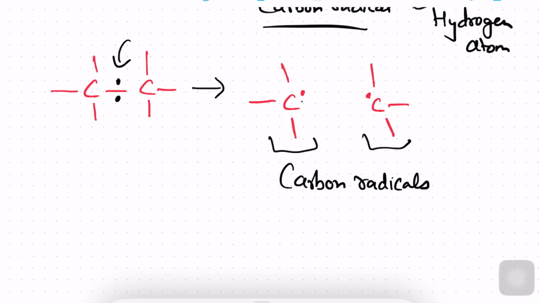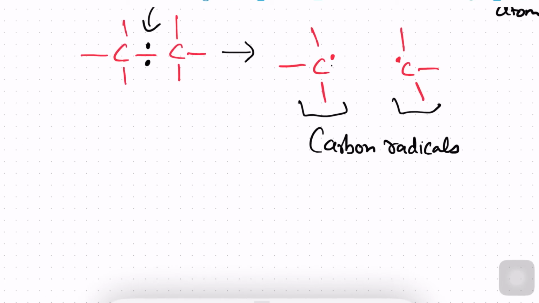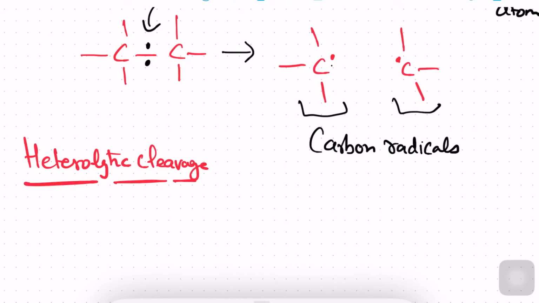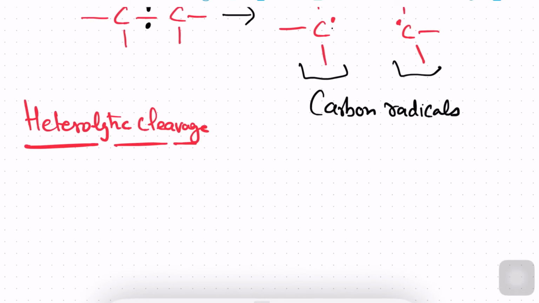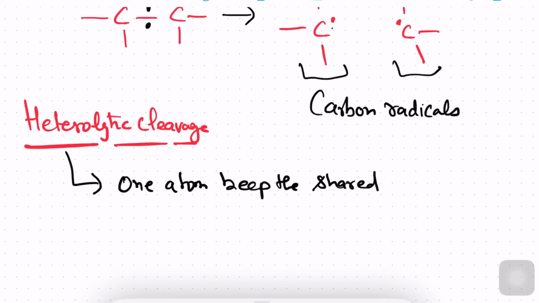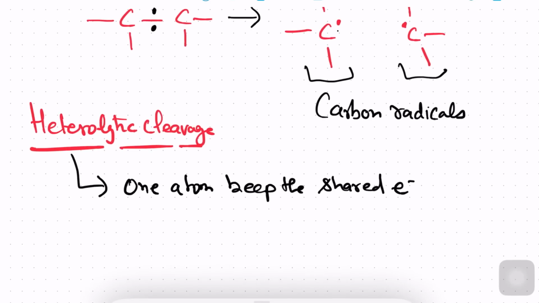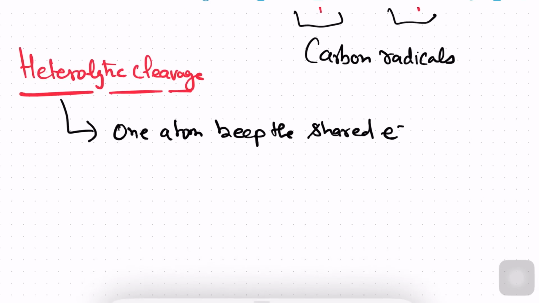Now here let us discuss what is going to happen when we have heterolytic cleavage. Now in the case of heterolytic cleavage, keep in mind one atom keeps the shared electron. So in heterolytic cleavage one atom keeps the shared electron.